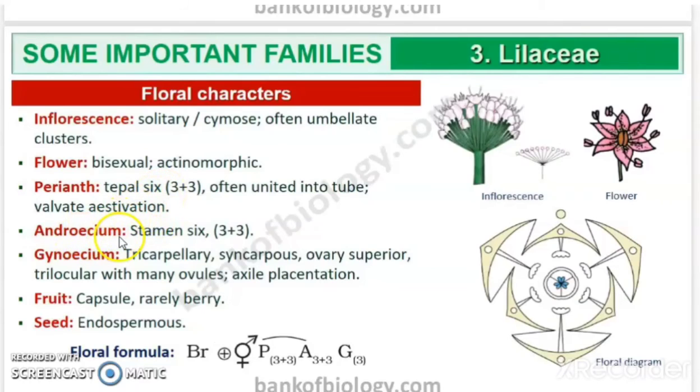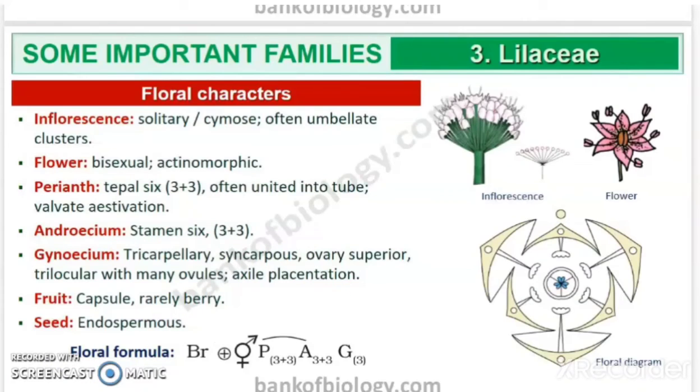Now coming to the androecium, stamens are 6 in number and they are placed in the position of 3 plus 3, which are fused together. Coming to the gynoecium, they are tricarpellary, which means they have 3 carpels, and they are syncarpous, which means the carpels are fused together.